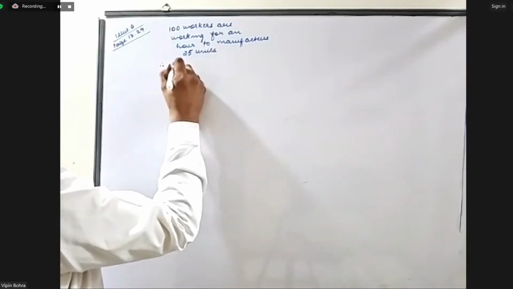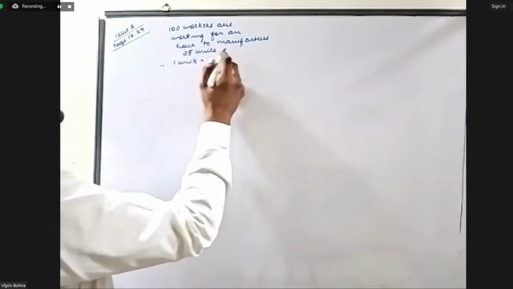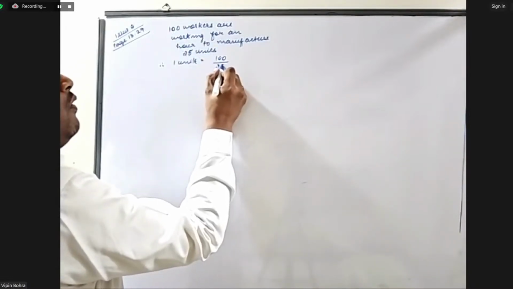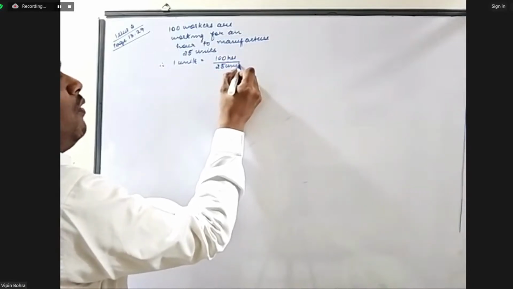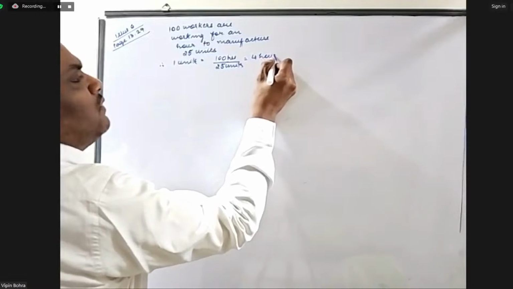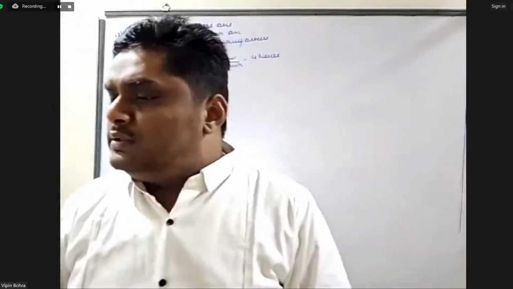Therefore, 1 unit will take how many hours? 100 workers for 100 hours, so 1 unit takes approximately 4 hours. So to manufacture 1 unit, we require 4 hours.